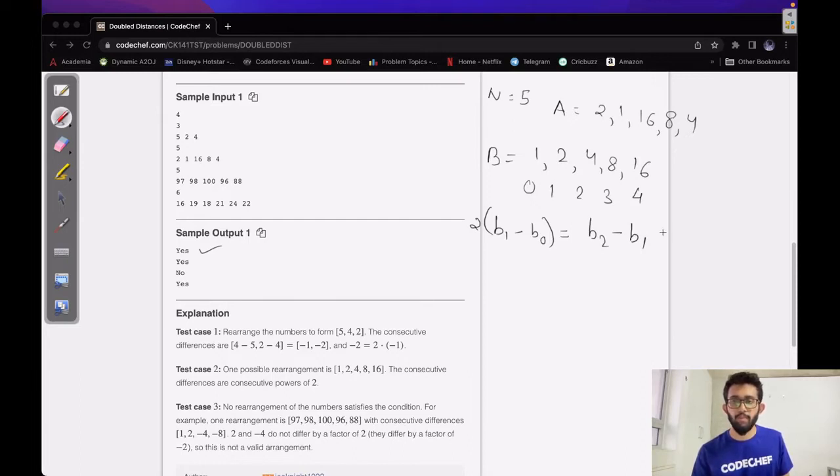So we have a condition. Again we have a condition, twice of B2 minus B1 is equal to B3 minus B2.